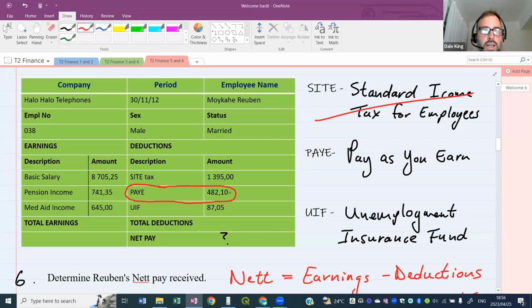We're actually going to calculate that value from a tax table. We're going to take the basic salary value and do something with it and take it to a tax table and actually work out the PAYE tax value. Just remember what I said, we don't use SITE anymore. It's just PAYE. So we actually are going to pretend we are SARS people and work out what a person must pay in tax based on their salary.